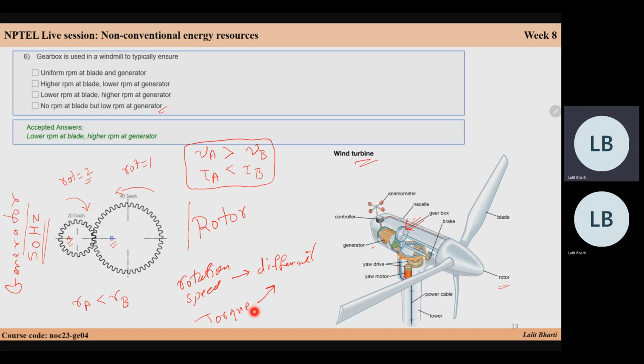But you need 50 hertz of frequency, or 50 rotations per second. It is not easy to give 50 rotations per second for this size of rotor. So it can be lower than 50.